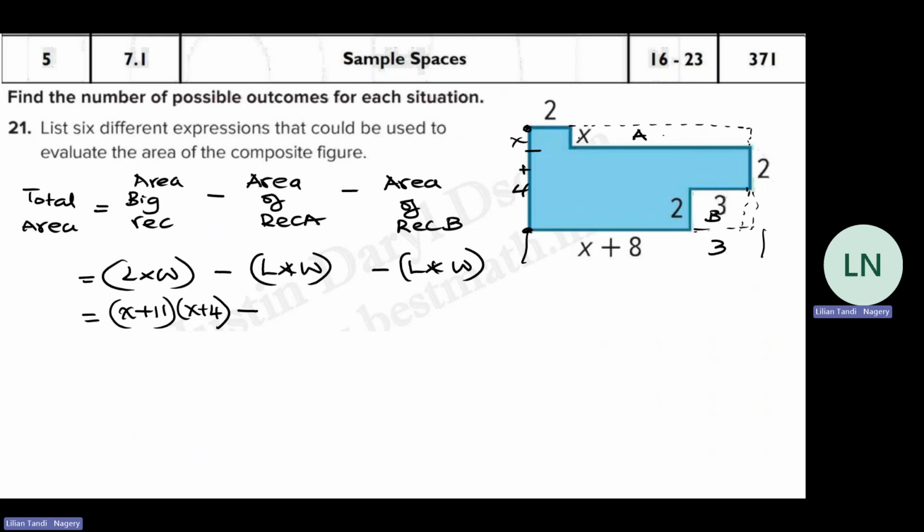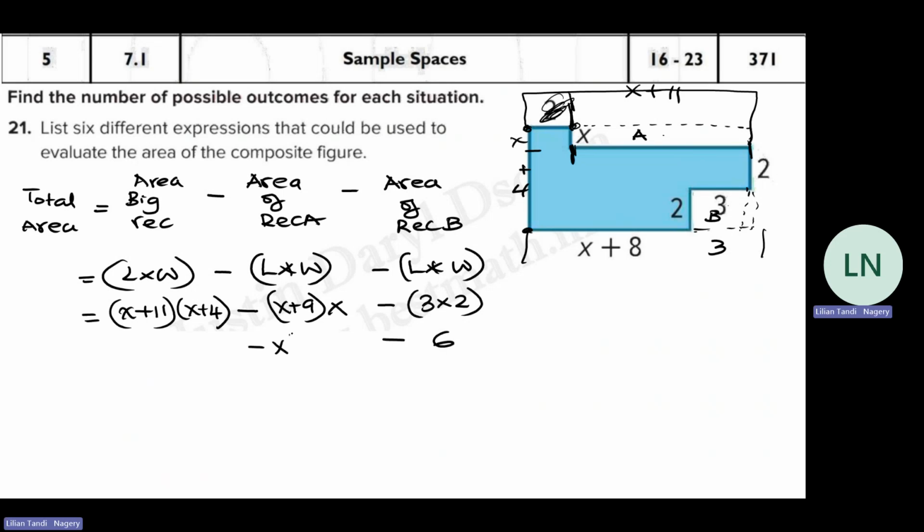Then minus, what's the distance from here to here? You have x plus 11, you remove the 2, so x plus 9. Remember, from here to here is x plus 11. Now you want only from here, so remove this 2. That will give you 9. And the width will be x. You multiply with x. Minus, this one is just 3 times 2. So this will be minus 6.